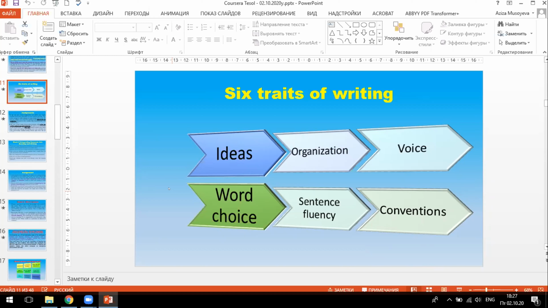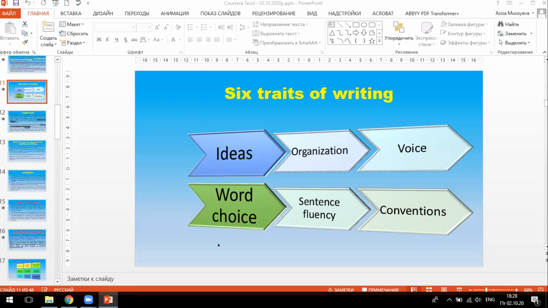You will tell them. And voice, it's not from grammar, but it is your audience, who will read this and who is writing this. It is very important that they know who is reading the writing that they are doing. And then you teach them word choice, what kind of words they can use in their writing.